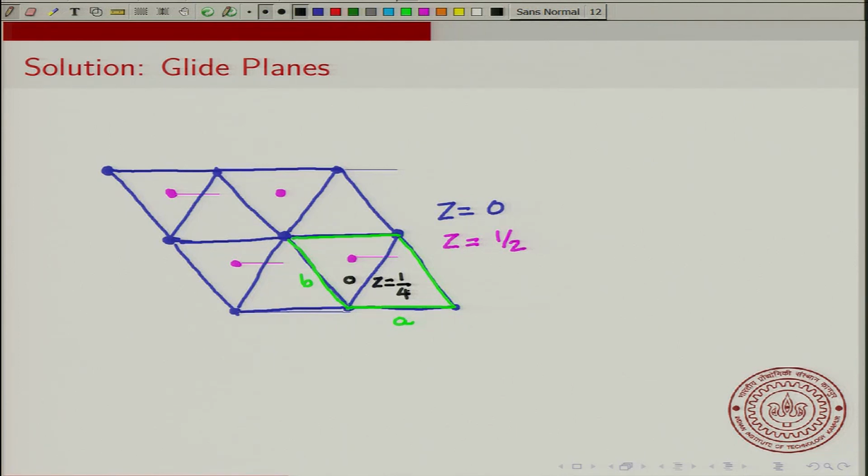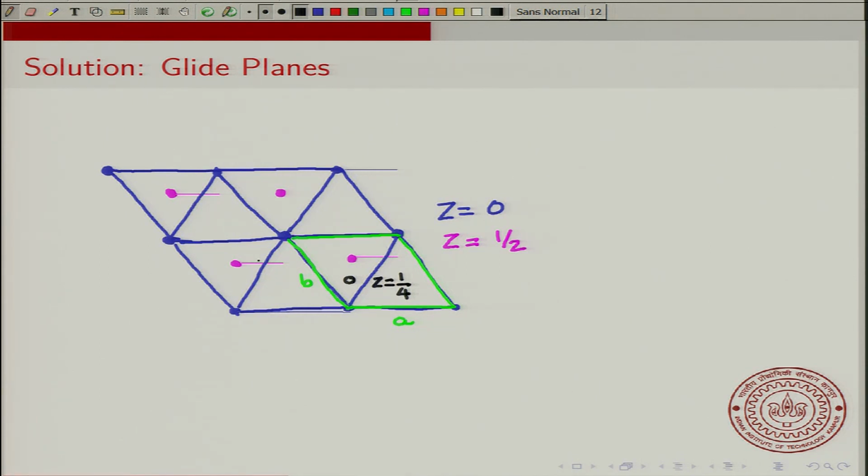Now, to show the symmetries, what is often done is to show the symmetries with respect to this inversion point. We want to have a cell which actually captures this inversion center. And there are several ways to do that.